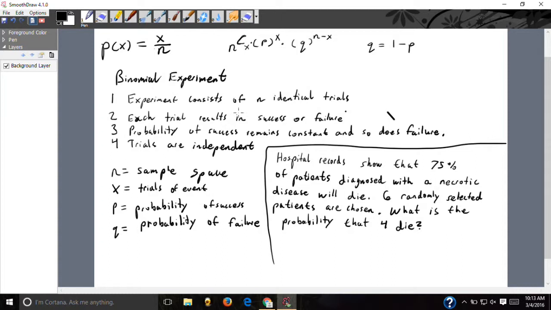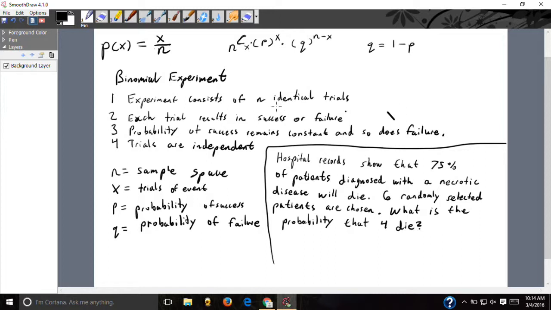Today we're going to be talking about binomial experiments. With a binomial experiment or a binomial distribution, we are working with an experiment that has to follow four rules. These four rules state that the experiment consists of n identical trials.